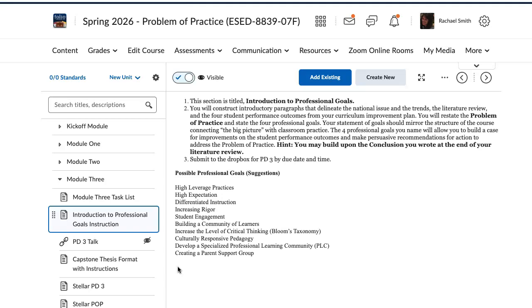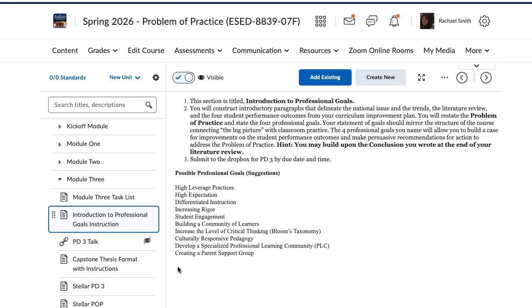And in high leverage practices, there's like 18 of them, maybe more, maybe as many as 22. You might just delineate which of the high leverage practices used as a professional goal is going to improve the problem of practice.